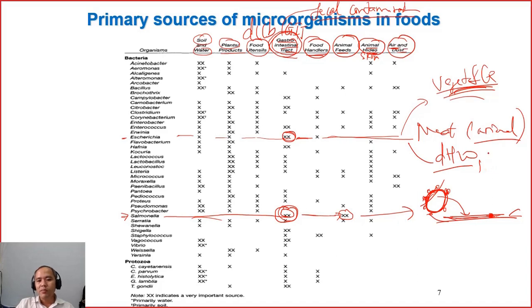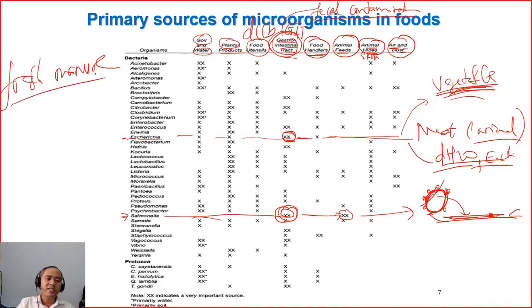Why do vegetables and drinking water also contain this? The main source is the gastrointestinal tract, but because of agricultural activities, for example, if people use fresh manure, fresh feces of animals, and spray it onto the vegetables, then they actually bring a lot of E. coli.